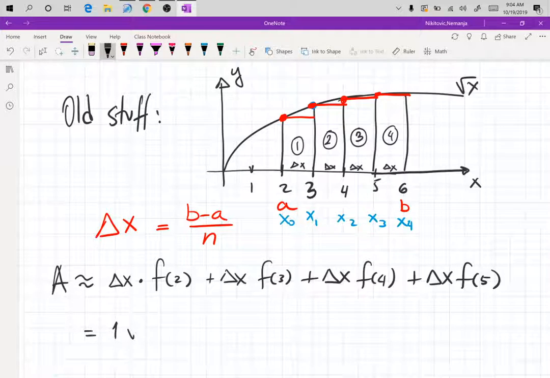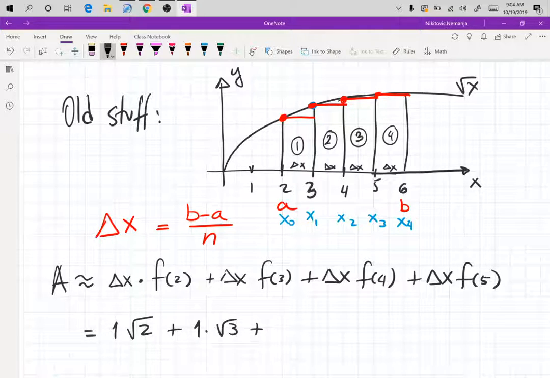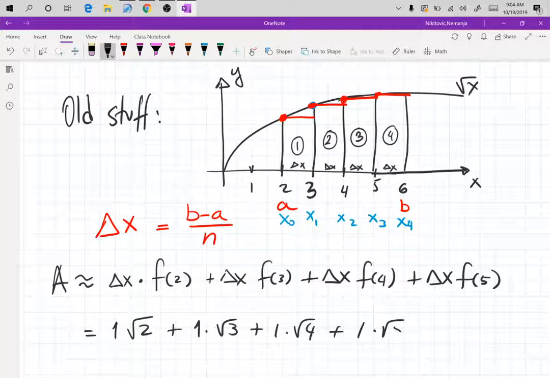That's 1 times square root of 2, plus 1 times square root of 3, plus 1 times square root of 4, plus 1 times square root of 5. So that's your calculation because the function was square root of x. Now that is usually going to be something that you can't compute by hand, obviously, but in this case, root x, so we can integrate that.